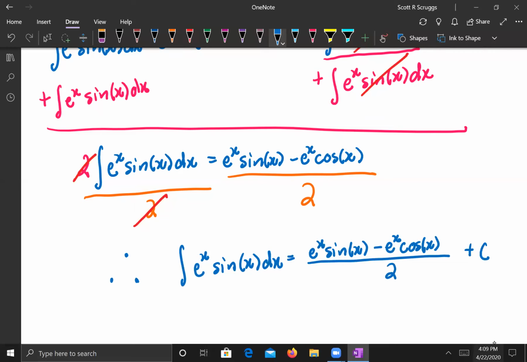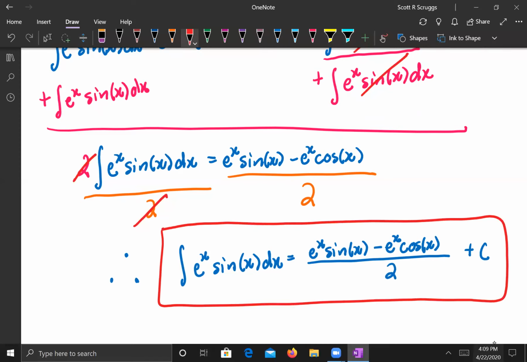And I'm now done with the integral, so I now get to include the plus C. And so that is how we are going to tackle an integration by parts problem if we have a situation where I loop back to the original. Treat it as an unknown variable, pretend it's a linear equation, solve for the unknown.